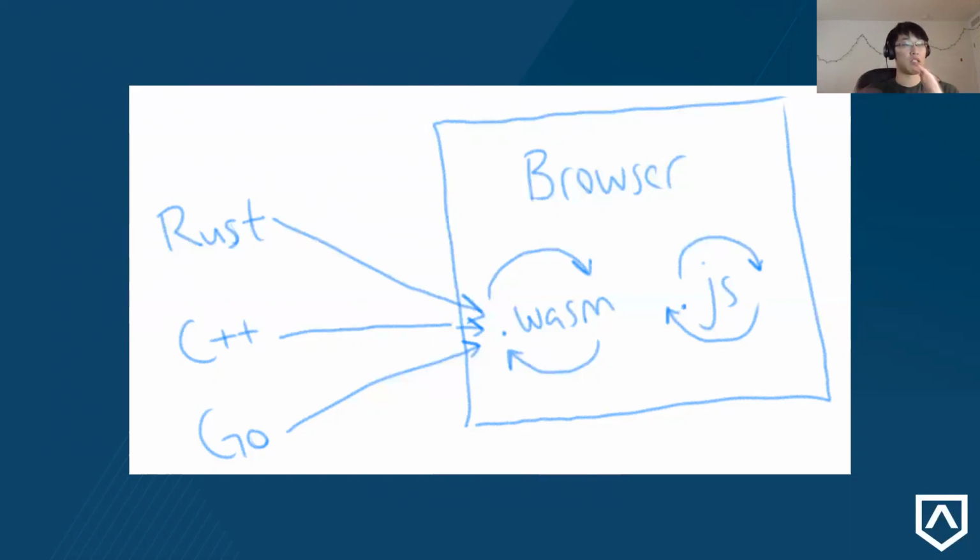WASM is different in that it's a custom bytecode type that is specifically designed to be run in the browser, versus what is typically output by compilers, which is machine code meant to be run natively on your machine.